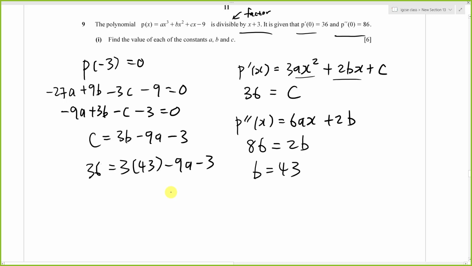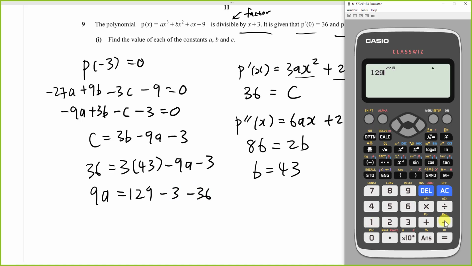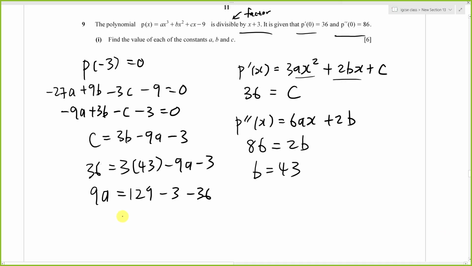Then we need to solve this. 9a equals 129 minus 3 minus 36, and then divided by 9, a equals 10.